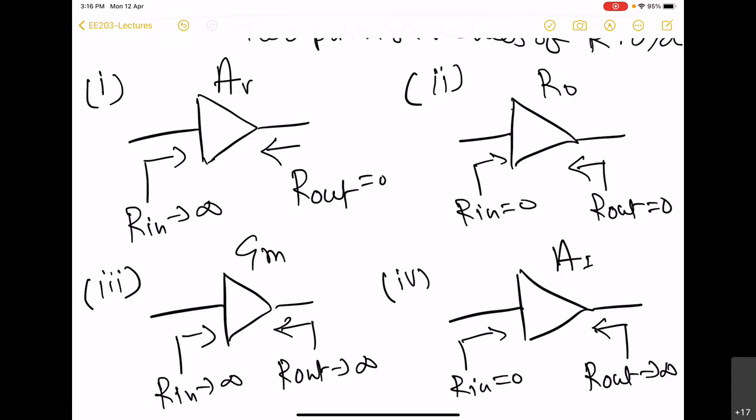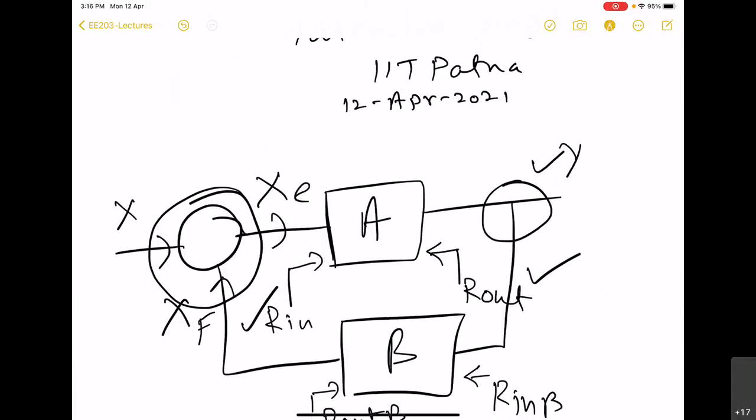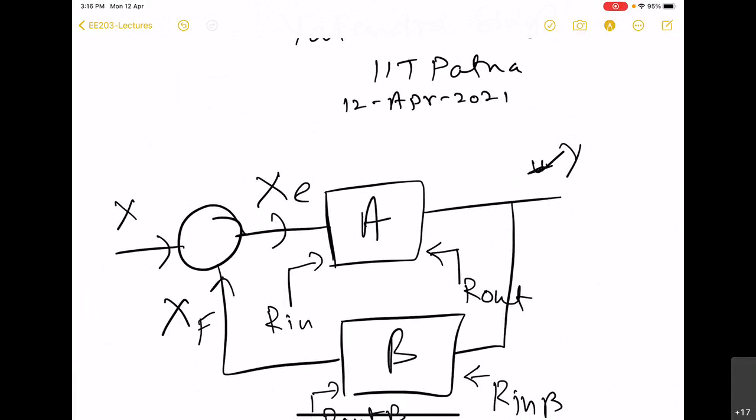So here if you see the amplifier in this feedback model, what we find is that this amplifier basically senses this signal XE, so we can say that this amplifier actually acts as a sensor on the input side.